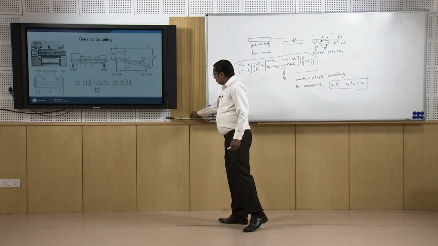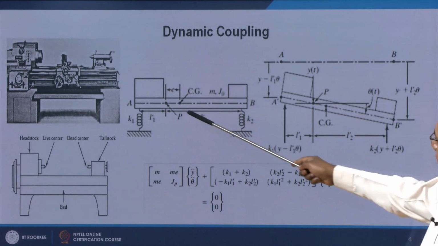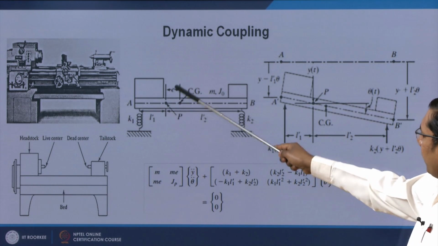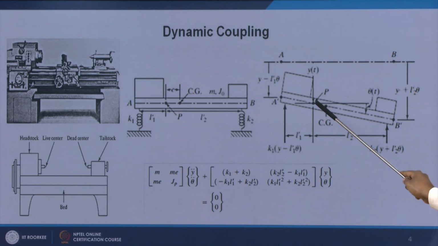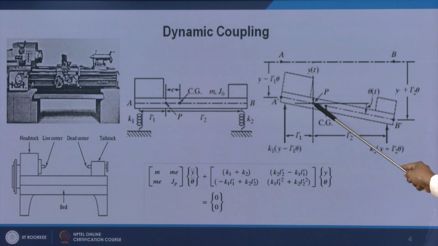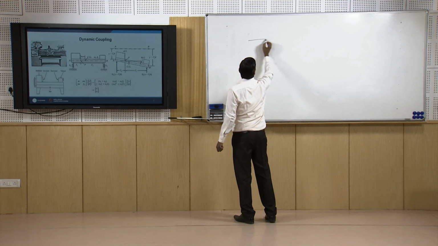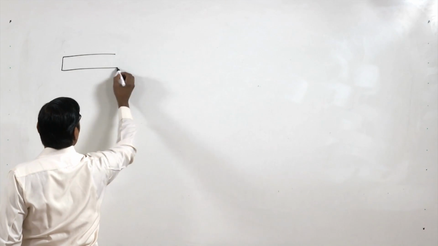Here we have a point P, and we have selected y(t), the linear motion of this point, and angular motion theta as generalized coordinates, and now we will study this system.